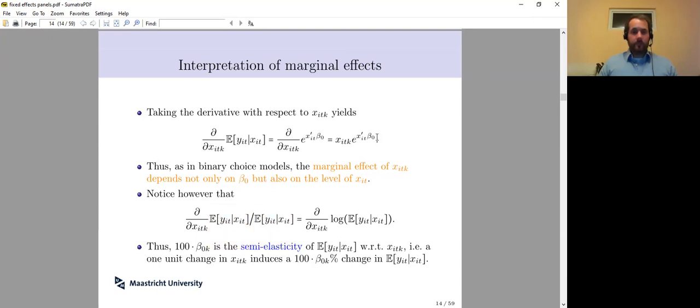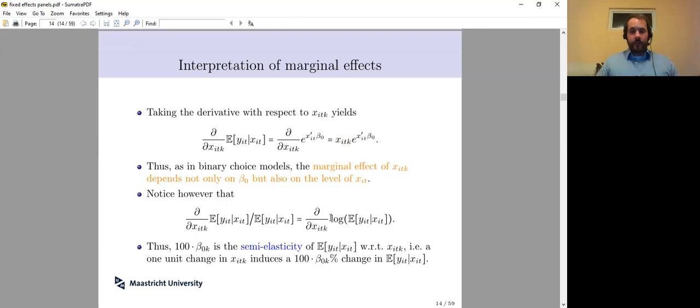Then, of course, we can write this as the derivative of the log. Again, this is a typo. This should be the beta k. So if you consider this derivative with the beta k here, and you divide it by this, what you end up with is the beta k.